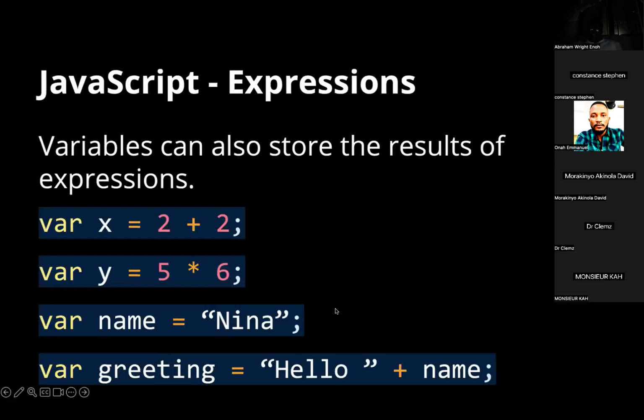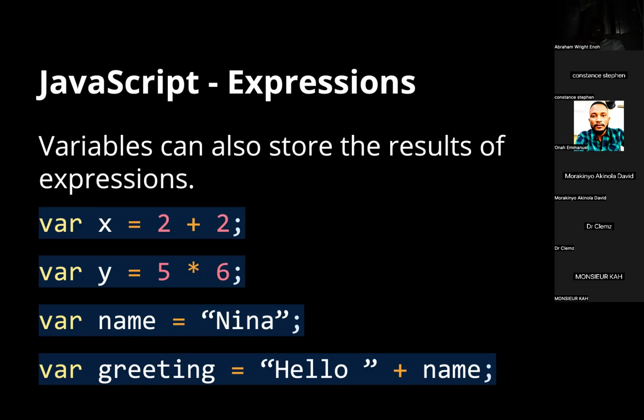And yeah, it brings us to this bigger topic, expression. If you remember when we were giving you the sign, we said that it's for expression's sake. Variable can also store the result of expressions. So it's acting as a value and it's acting as a variable. Variable x equals 2 plus 2.